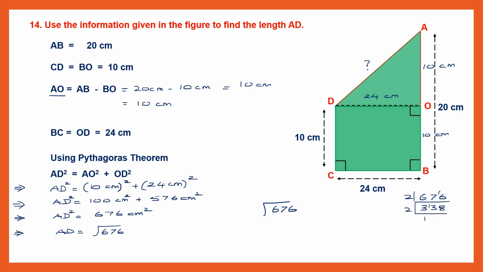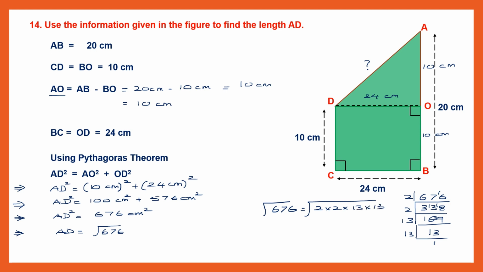Now there's 1 left, it's 13. So 2 6s are 12. Again, there's 1 left, it's 18. 2 9s are 18. Now we have to use 13, which is a prime number. 13 ones are 13. There is 3 left, so that becomes 39. 13 threes are 39. Again, we divide with 13. 13 ones are 13. So what are all the prime factors of 676? 2 into 2 into 13 into 13.